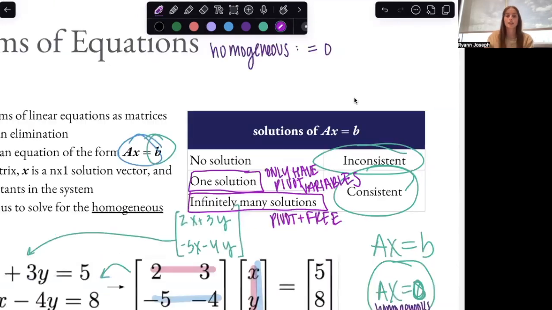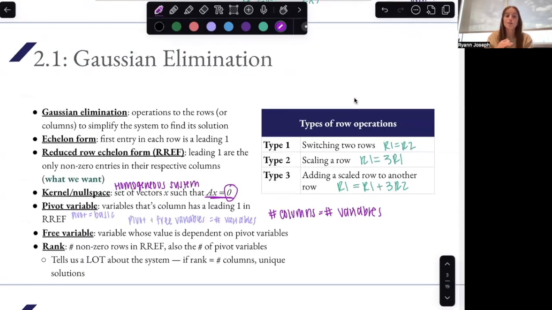When you have one solution, everything has a leading one and is a pivot variable, because it's just a one-to-one correspondence between a variable and a value. When you have infinitely many solutions, you have those pivot variables, but then you have free variables, because the solutions rely on each other. If you set x equal to blah, blah, blah, then y will be equal to blah, blah, blah, and that will solve the system. So the free variables are the variables that change based on the values of the pivot variables.